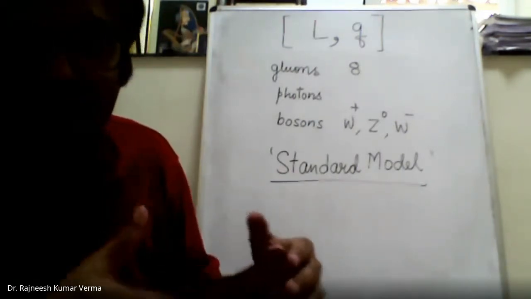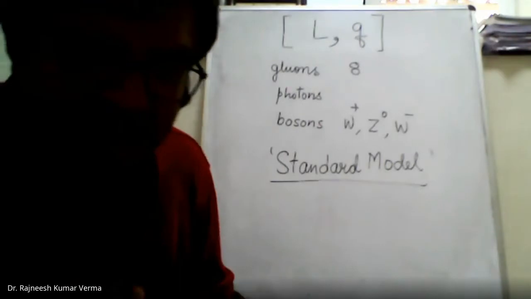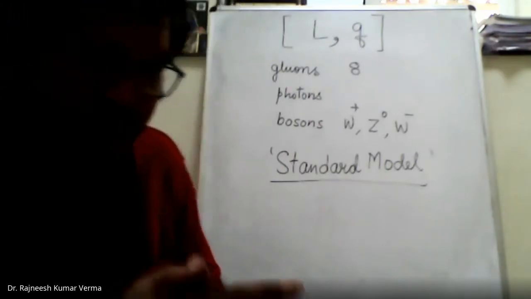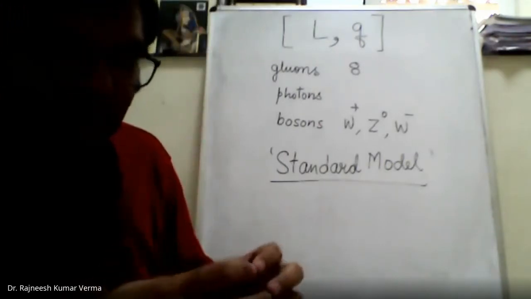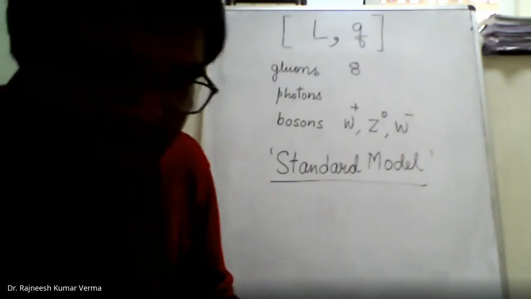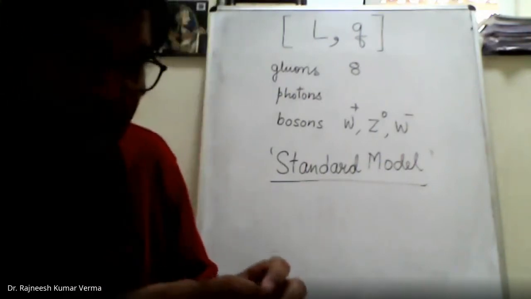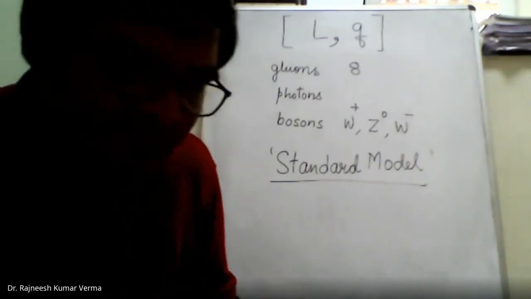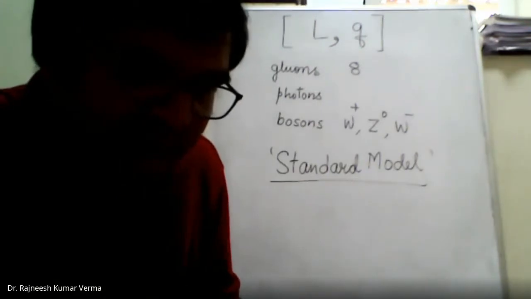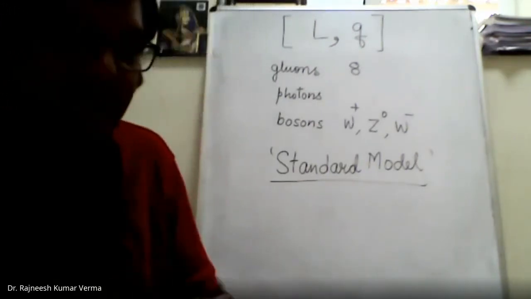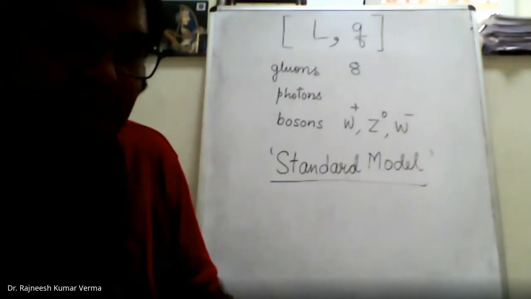So these 3 generations of particles along with exchange particles. What are they? The gluons for understanding the strong interaction. And it is said that in case of proton, it is composed of 3 quarks, 2 up quark and 1 down quark.